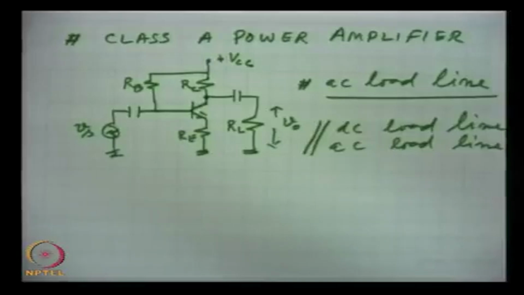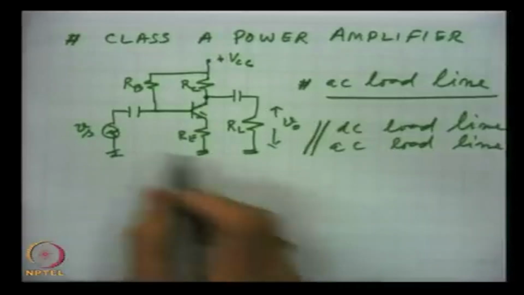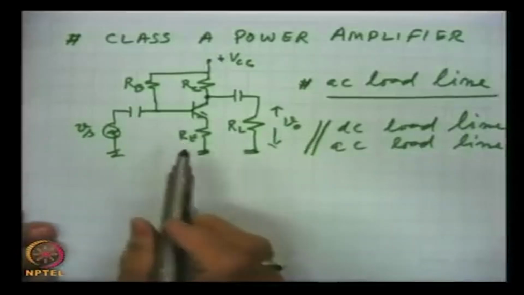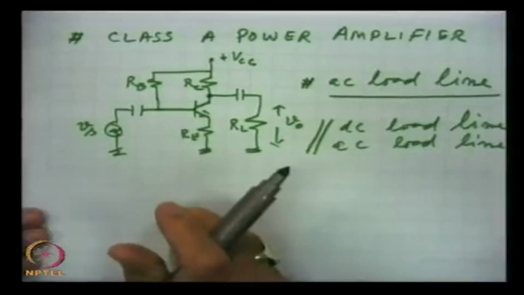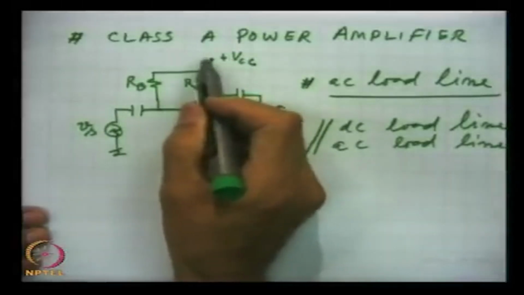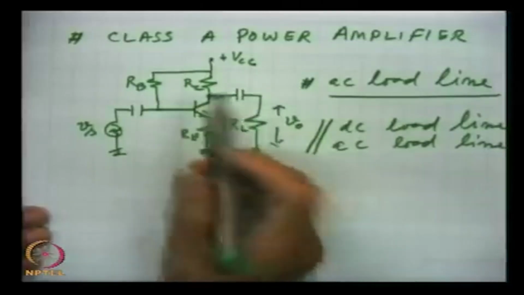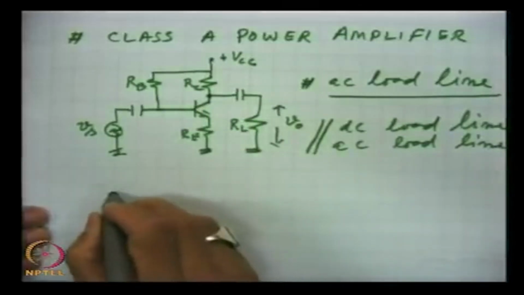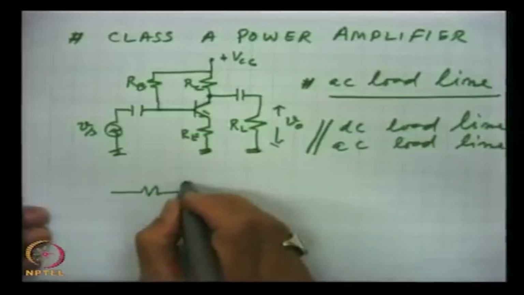For that, we draw the AC equivalent of this circuit, and the thumb rules have to be used. The DC voltage sources have to be grounded, and capacitors have to be taken as short. So, this is the circuit.